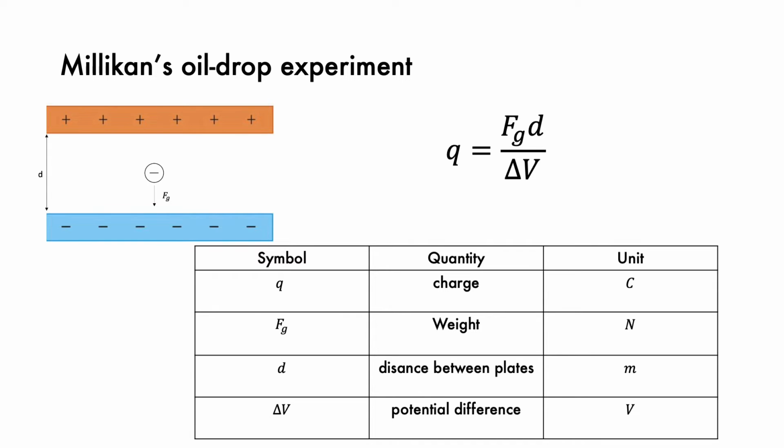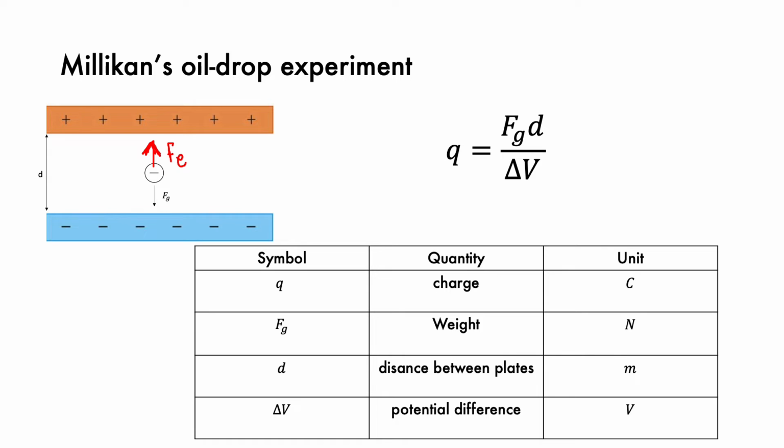So other than the force of gravity, there will also be a net electrostatic force which is trying to push it upwards, because the negative plate pushes it up and the positive plate is trying to attract it.